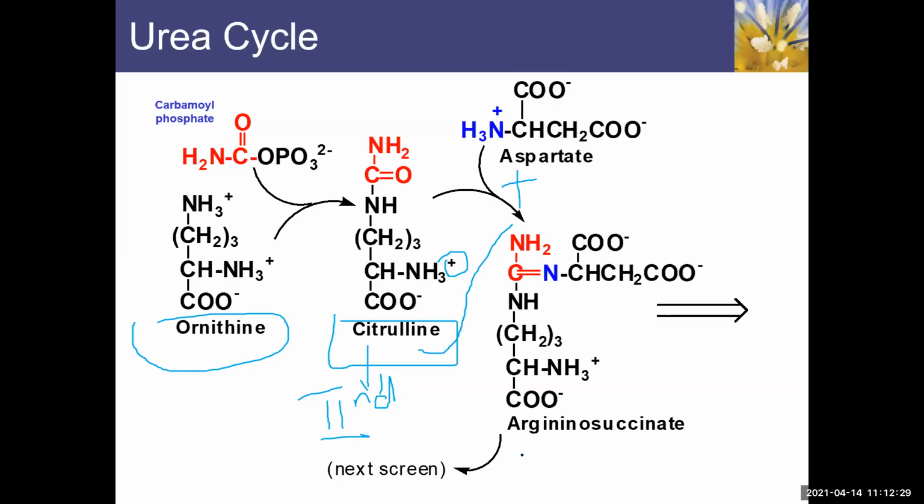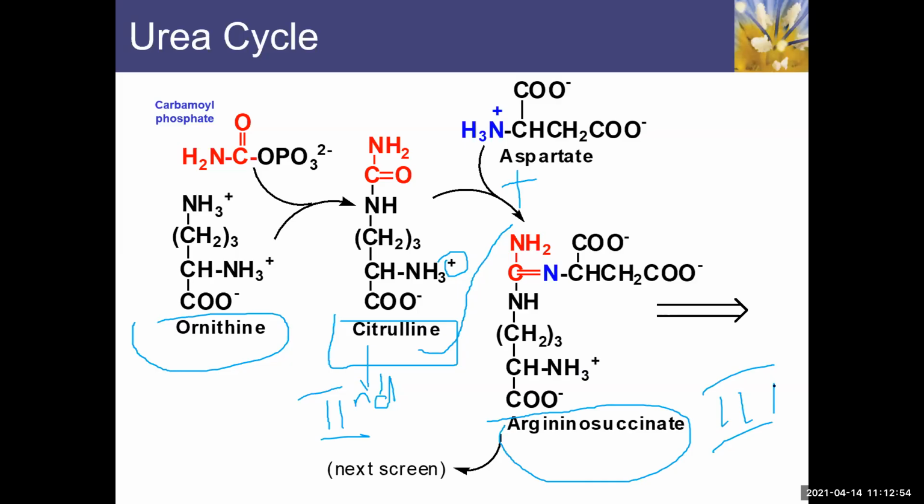Arginosuccinate. It will form the arginosuccinate. So this is the third reaction product. Is it clear? So citrulline and aspartate will be condensed together, and it will result in the formation of arginosuccinate.